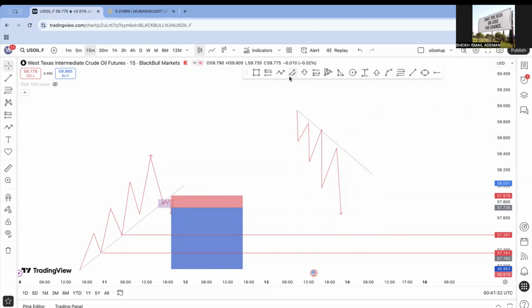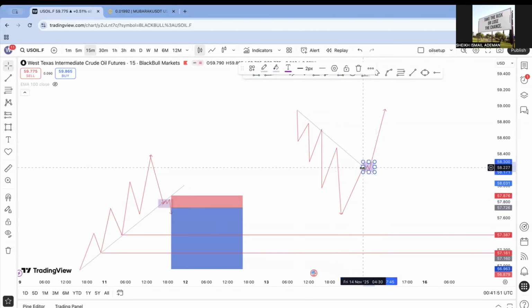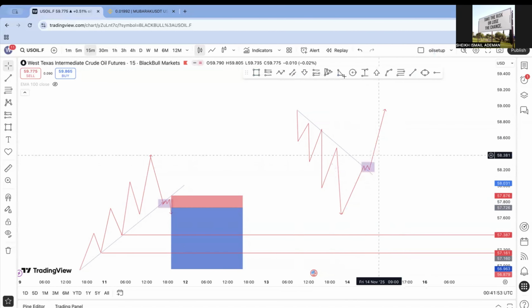The second one is that we wait for it to do this confirmation before taking the trade to the upside, which, as I said earlier, we draw our zone right here and look for the breakouts.